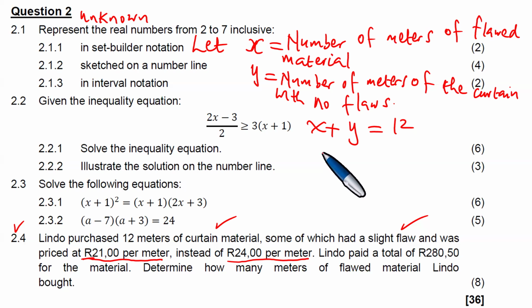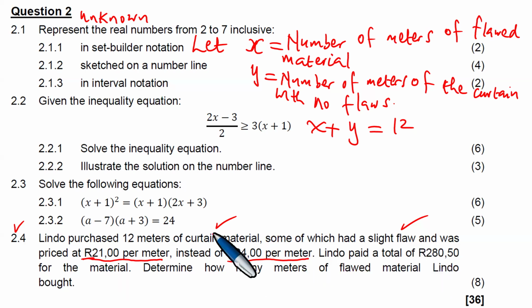Now there are a couple of ways to reason this out. What do we want? We want the flawed material, so we want to solve for X. So what do we then say here?